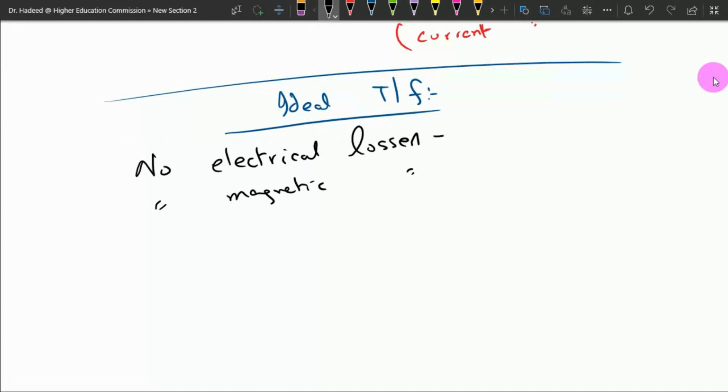The electrical losses account for the winding resistance, so the winding resistance is 0, and the magnetic losses pertain to the core, which never saturates.